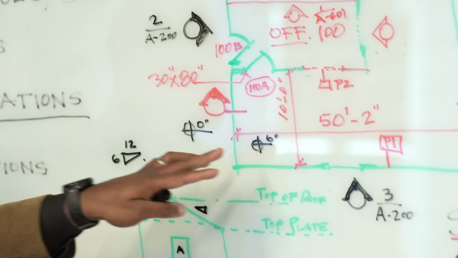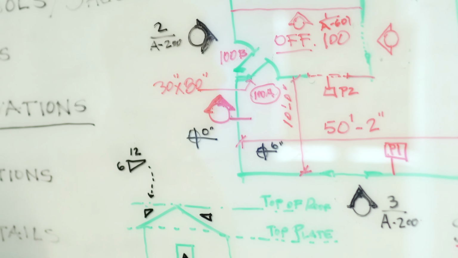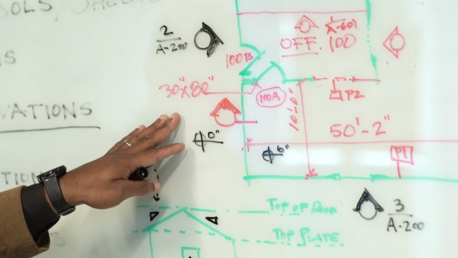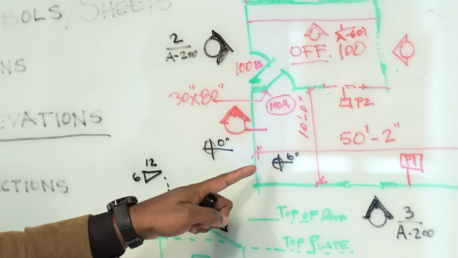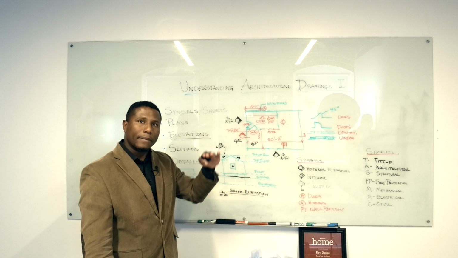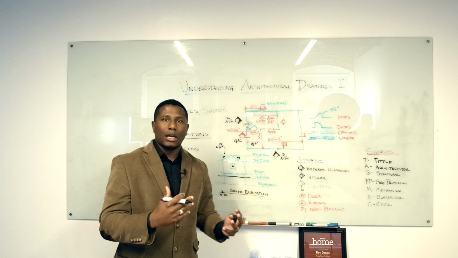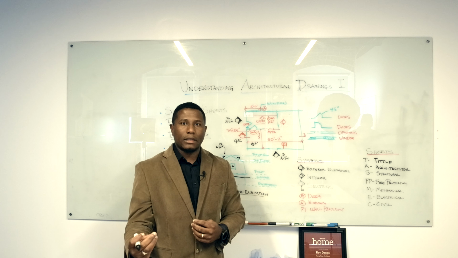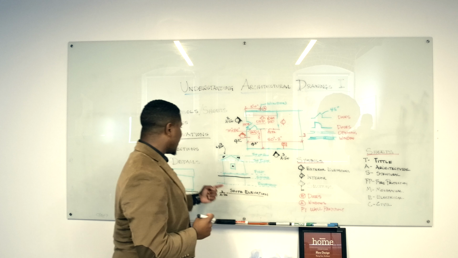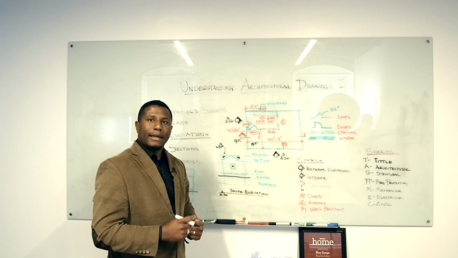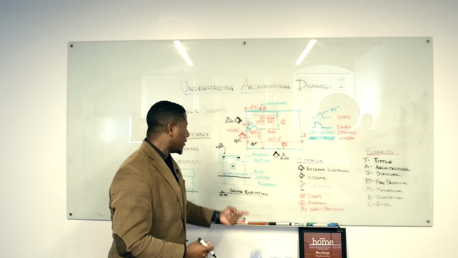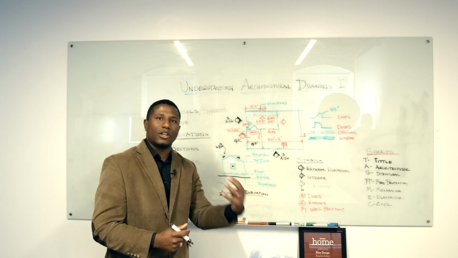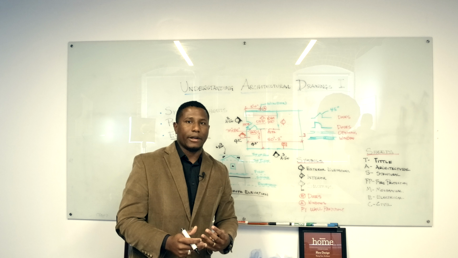So in plan, you could get a sense of, okay, if I am on the ground and getting into the house, there is a 6-inch difference in height. So floor plans sometimes give you some elements and information that relate to the elevations, but it's not as intense as having an exterior elevation that shows those items.